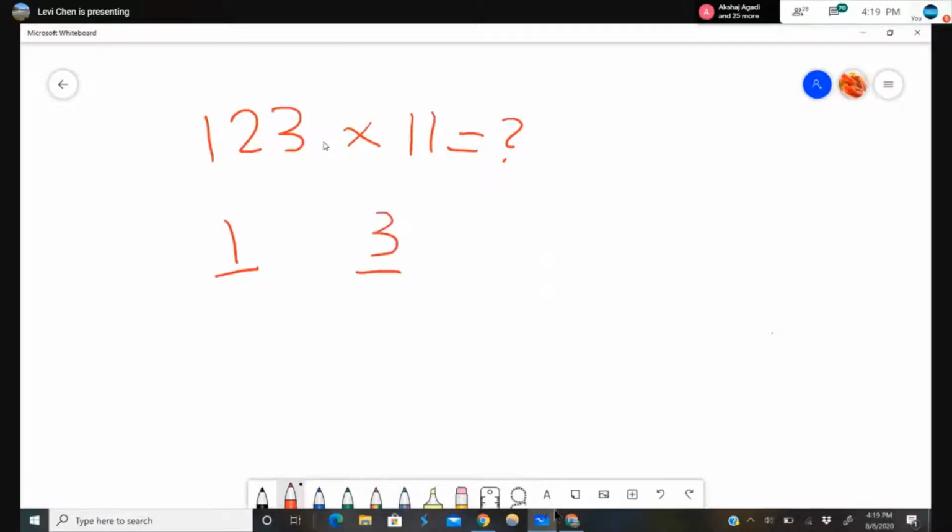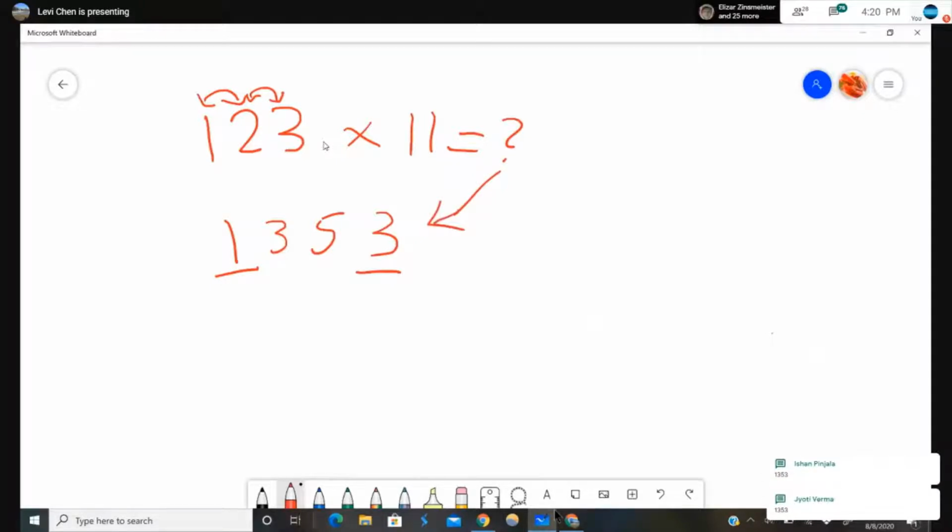You want to give a little bit of space in between. You want to actually add these two along with these two. So 1 plus 2, that's 3. 2 plus 3, that's 5. So then what do you get? 1,353. That's actually the answer for this. And that's actually pretty simple, right?